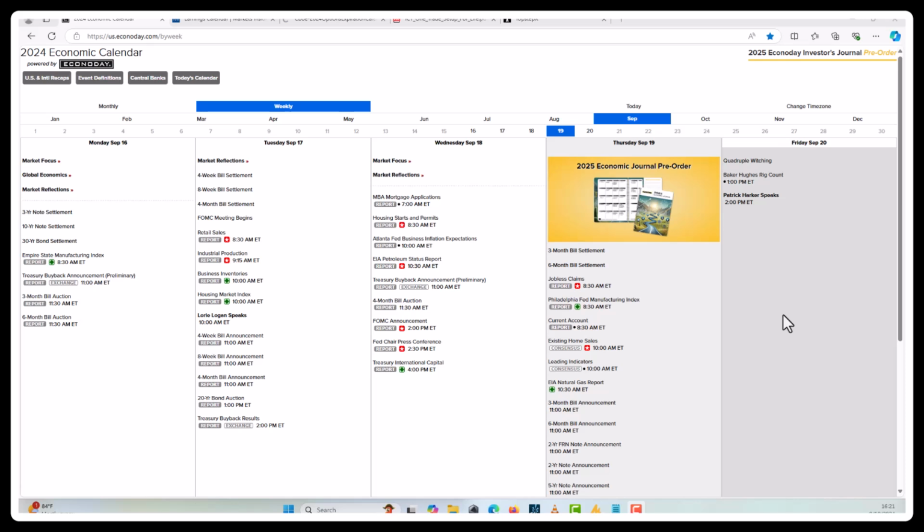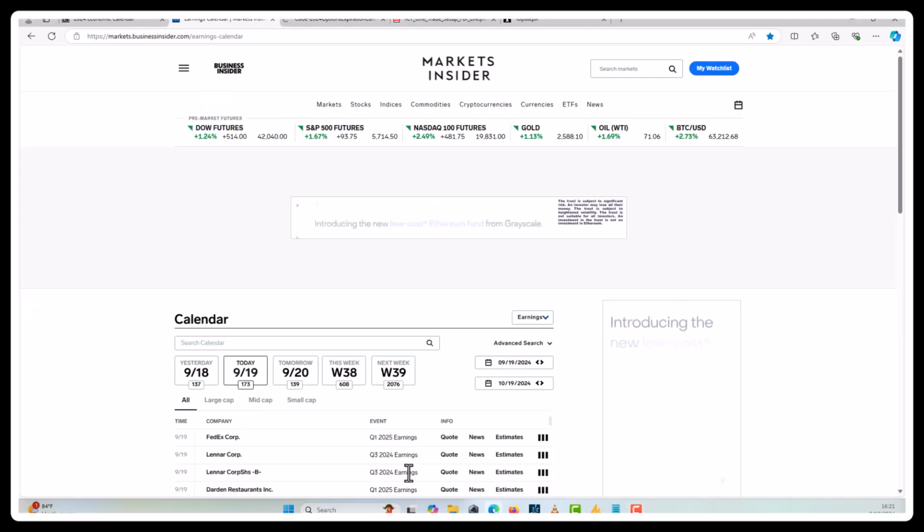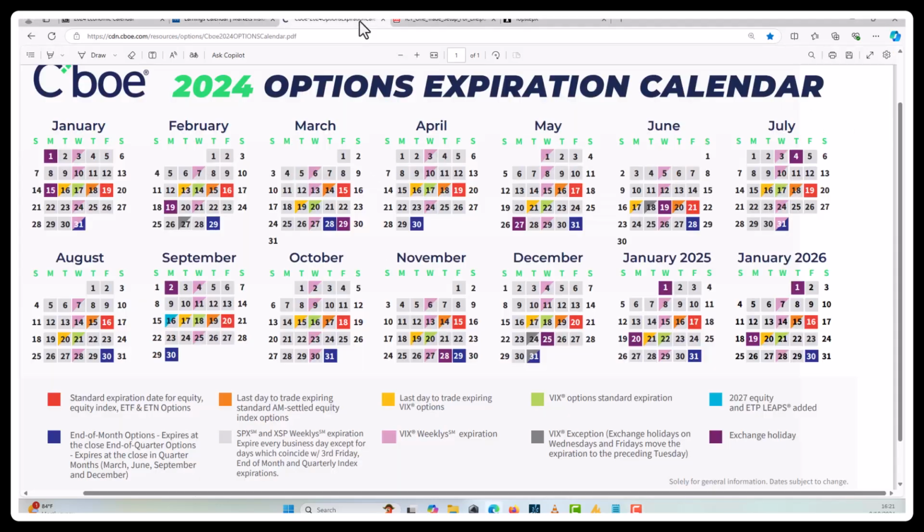But this week is a huge week. It set the tone for the end of this quarter three, and we are in week 38, in the last month of quarter three, September.